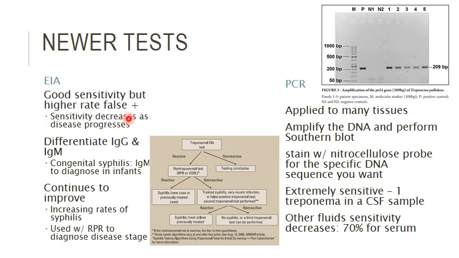Because of these methods, this has not taken over the industry. The RPR is still, people are quite happy with that. Some of the other benefits of EIA is that we are able to differentiate IgG from IgM. And IgM is important in diagnosing, in particular, congenital syphilis, but also new infections.